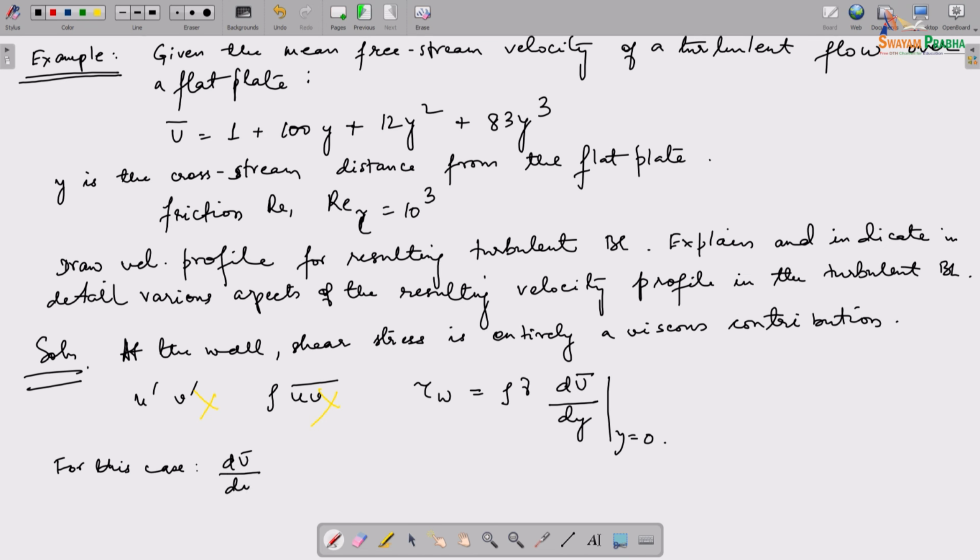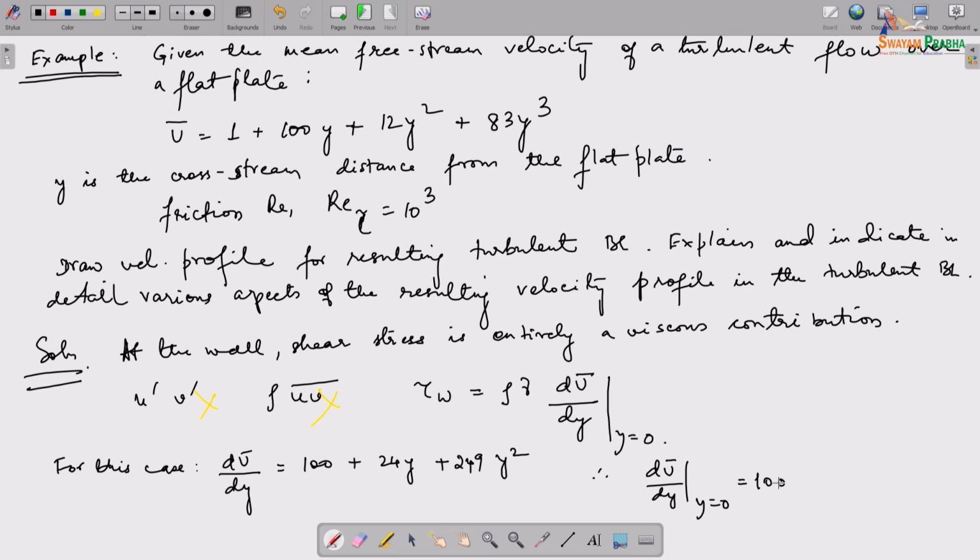du mean dy is 100 plus 24y squared, and at y equal to 0 it is equal to 100.